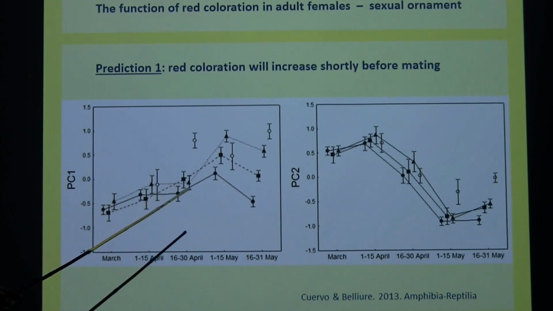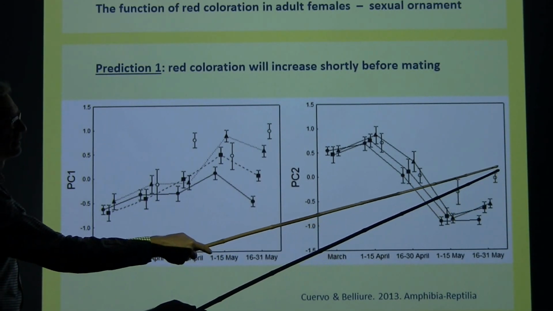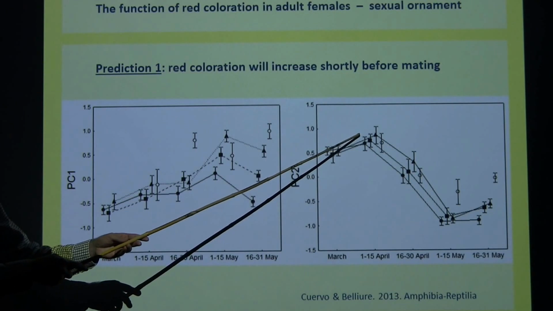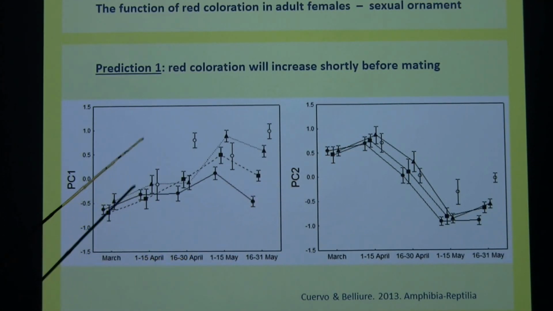The reduction in redness was less pronounced in free-ranging females compared to the females that were in captivity. But maybe the most interesting result here is that there was a significant increase in redness at the beginning of the breeding season, a result that is consistent with our prediction.